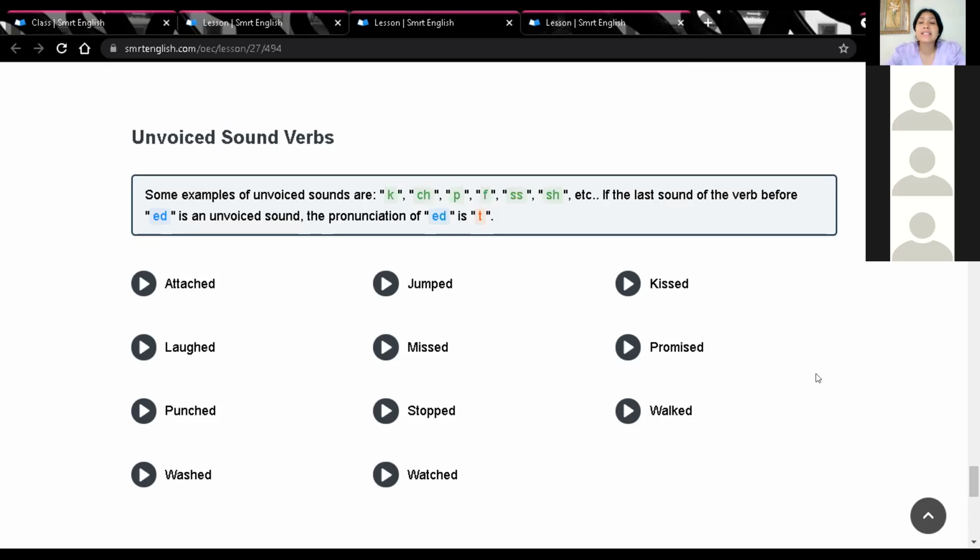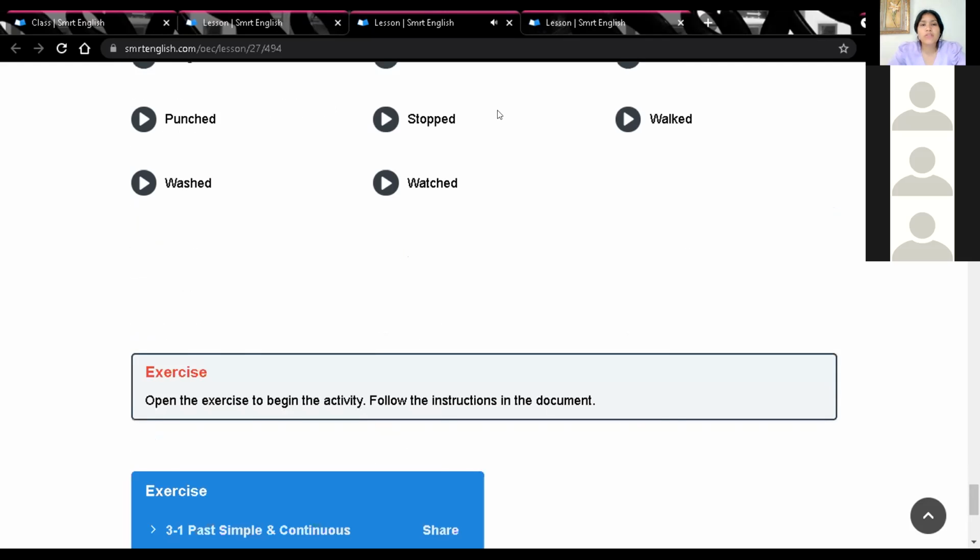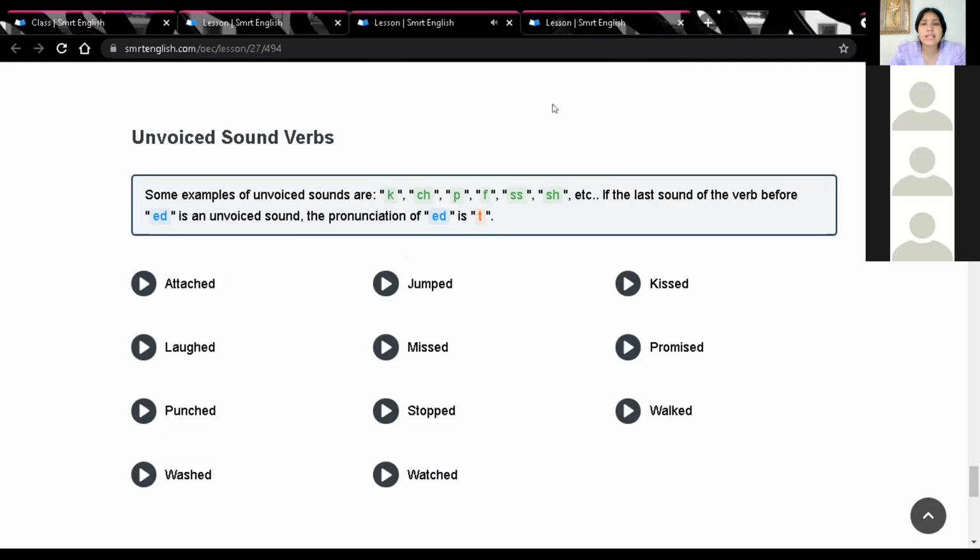If the last sound of the verb before ed is an unvoiced sound, the pronunciation of ed is going to be T. Attached, laughed, punched, washed, jumped, missed, stopped. Okay? So before we go to the exercise, let me show you the image I told you about.